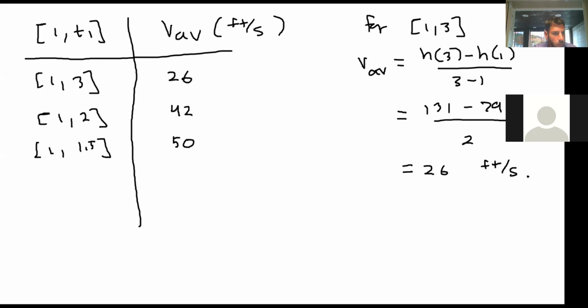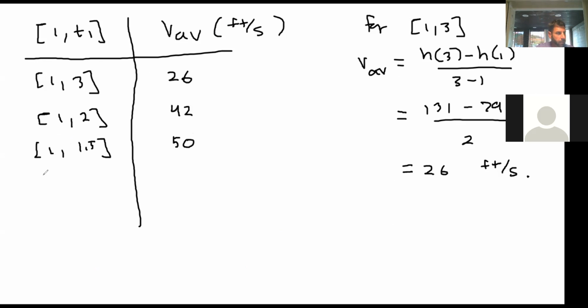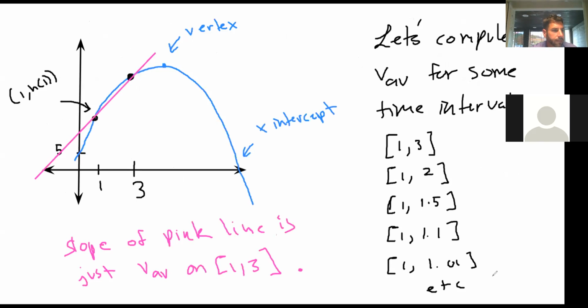The next one I wanted to investigate was 1.1. If I compute my average velocity from 1 to 1.1, now I get 56.4. Then let's do 1.01.